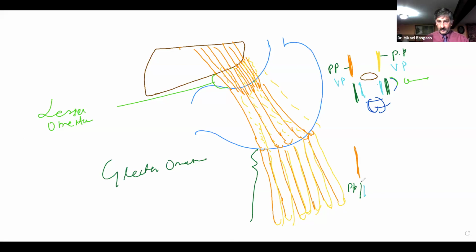When it goes and makes a turn back there, what do we have? Again, still parietal peritoneum and visceral peritoneum. And here, we said we had the stomach.